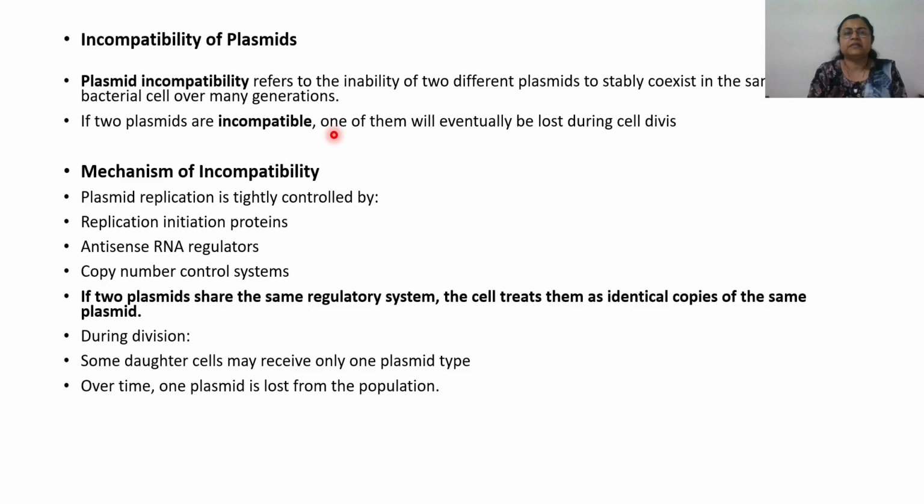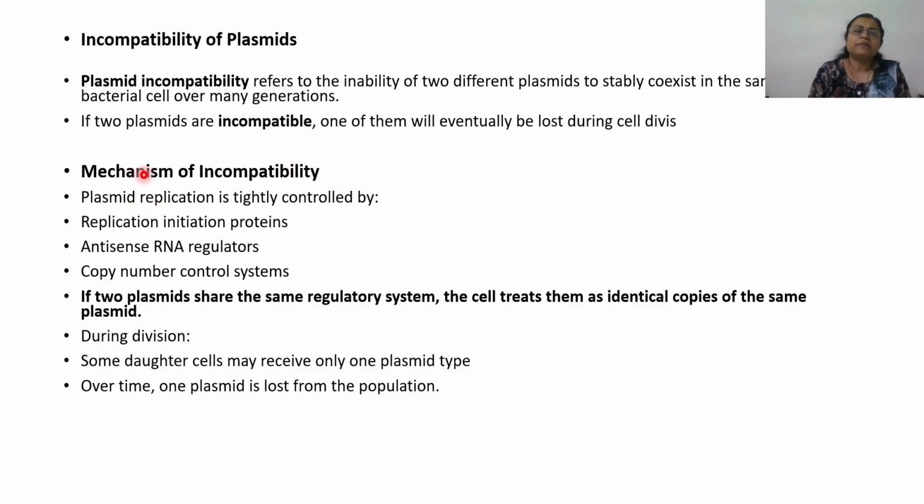So if two plasmids are present in the same cell for many generations, then one of them will eventually be lost during cell division. We can say that these two plasmids are incompatible, and after a few generations, if the two plasmids are the same, one copy gets lost during cell division.